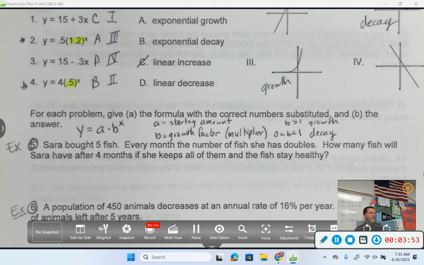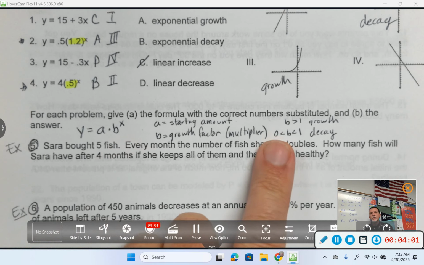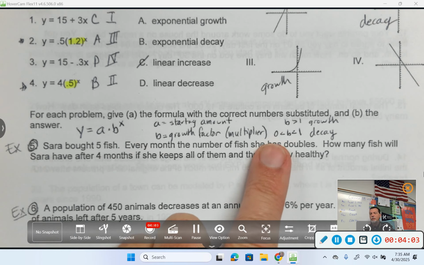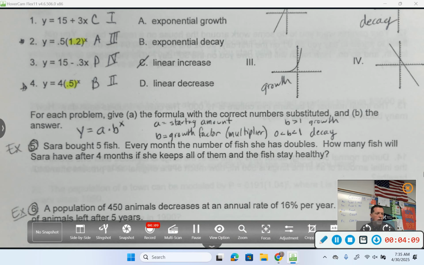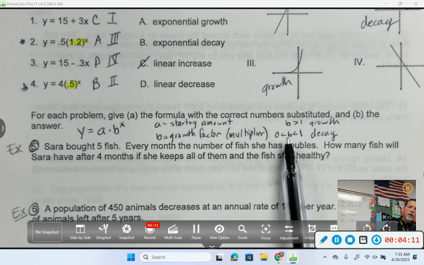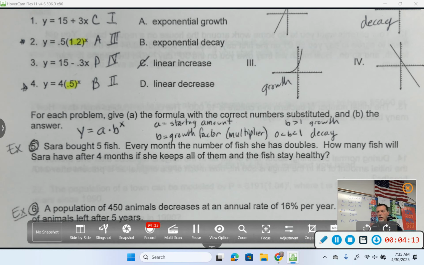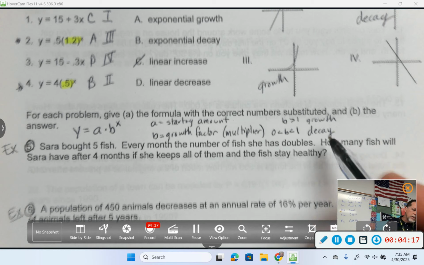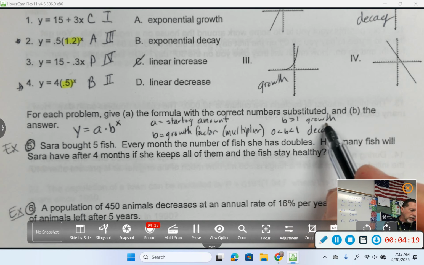What would happen if we multiply by 0? We get 0. So we'll never do that because that wouldn't really be exponential decay. That would just be going from 5 to 0 and then you're done. So we won't really hit the endpoints, but that's why we don't include them. So B between 0 and 1, multiplying by a fraction or decimal, decreases our amount, that's decay. Anything bigger than 1 will grow.